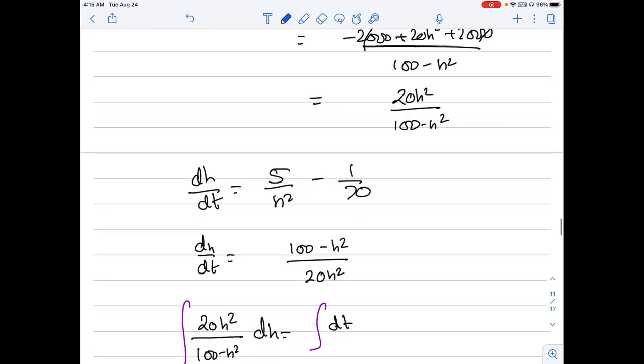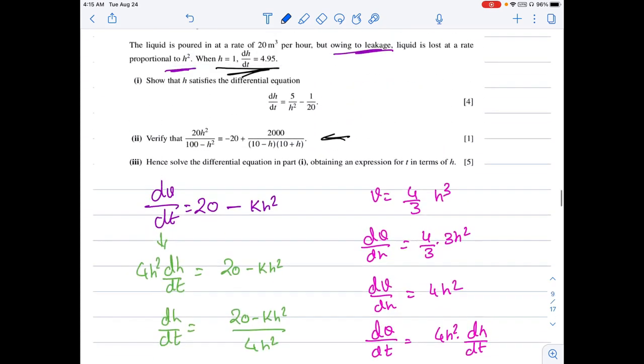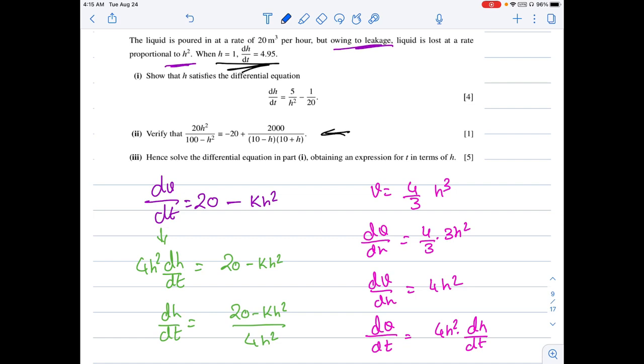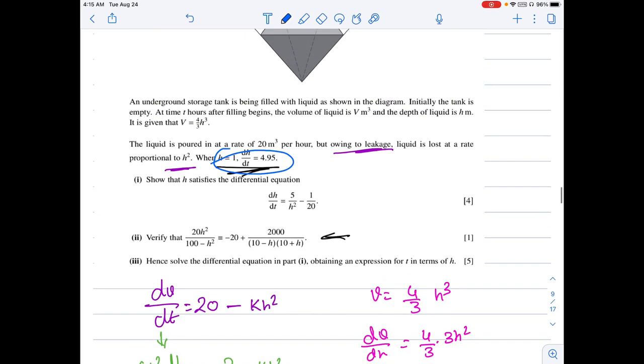Any other things has been given. Let us go back to the question. It's the same thing, h is equal to 1, d is equal to dh upon dt, and one most important thing is initially the tank is empty. What does it mean? At t is equal to 0, h is equal to 0.